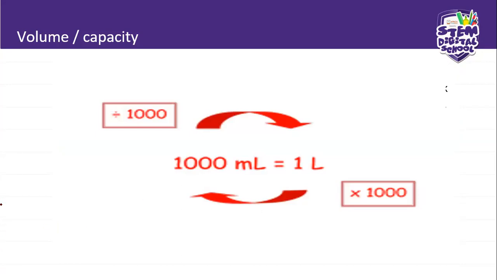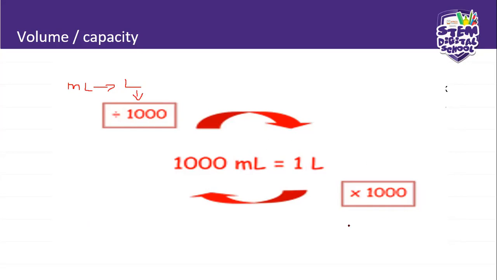So when I want to convert milliliters to liters, I'm going to divide by 1,000.